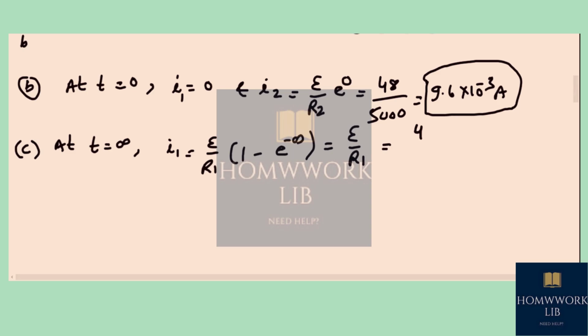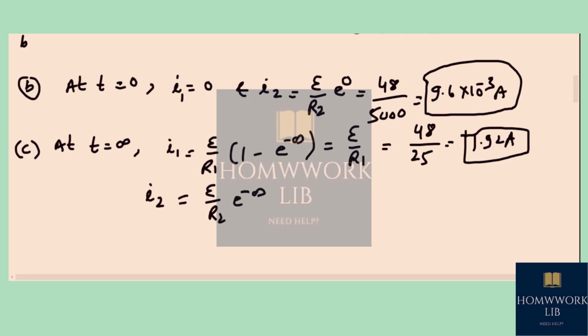E is 48, R1 is 25, so it is to be 1.92 ampere. I2, you will get E upon R2 exponential of minus infinity, so it is to be 0.